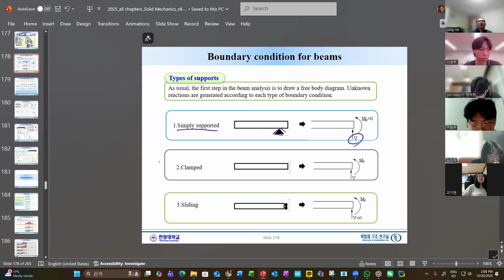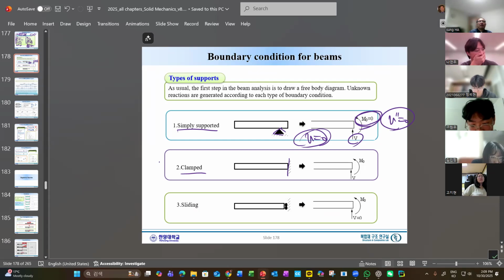But what we know is that deflection equals 0. Then moment is also 0. Moment 0 means that double prime is 0. So these are two boundary conditions at the simple support.